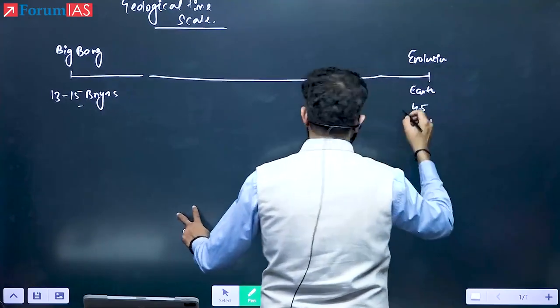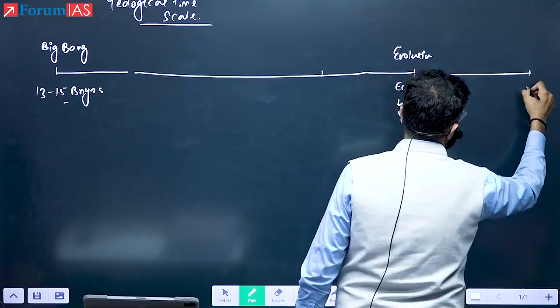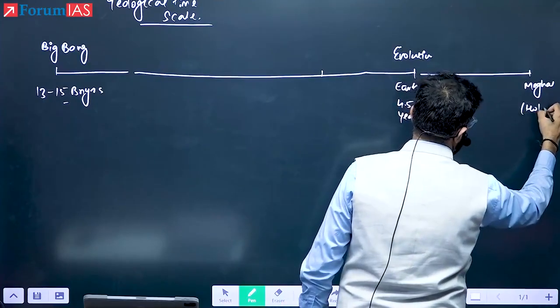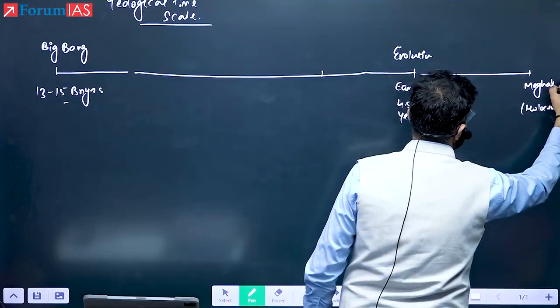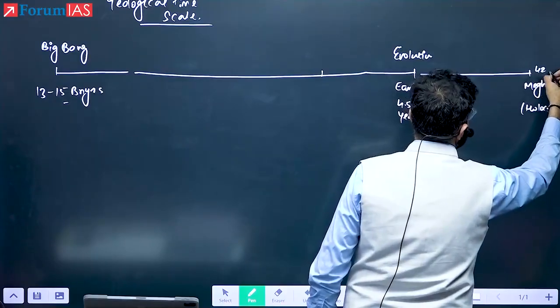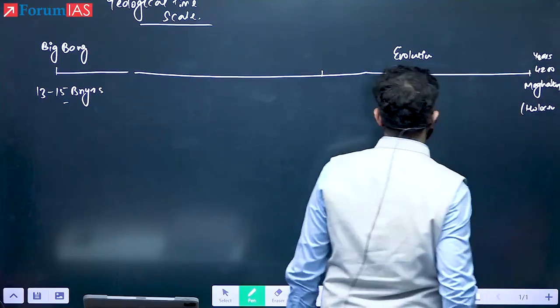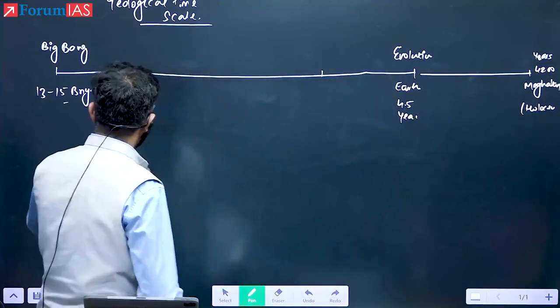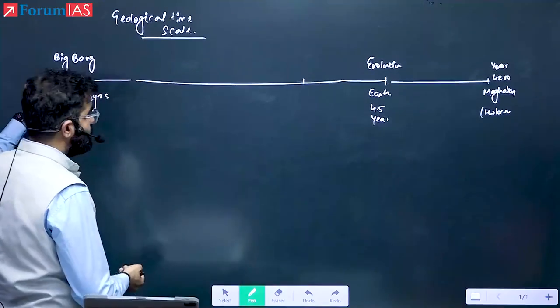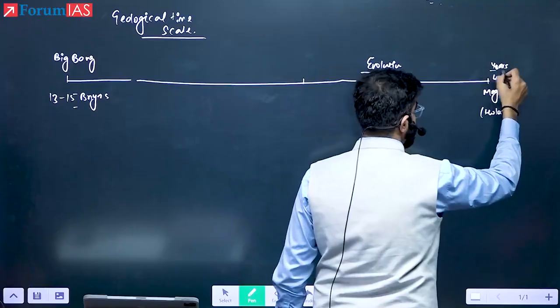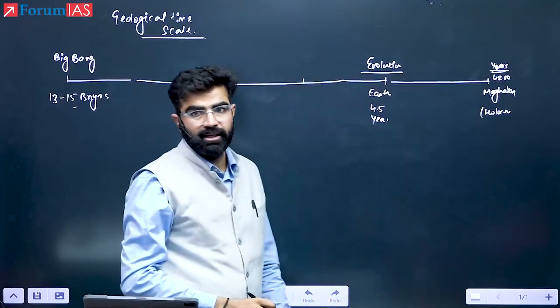And if I come from here till today, that is the Meghalayan age, which is nothing but under Holocene. Meghalayan age is 4200 years before present. So this entire thing is the history from the Big Bang event. This is the evolution of the Earth, and this is the 4200, that is the Meghalayan age.